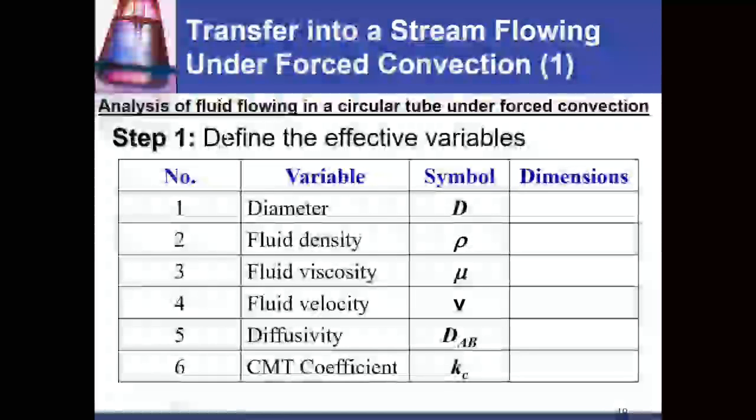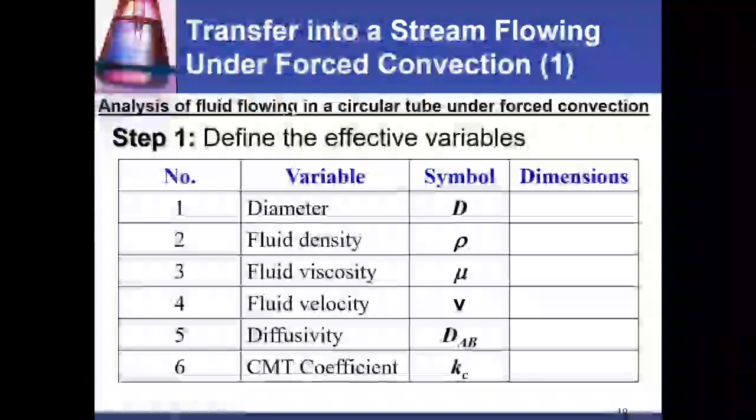For this kind of process, fluid flow in a circular tube under forced convection, we'll have the diameter of the pipe or the tube, D. We'll use the symbol D for it. Fluid density, because the fluid is flowing there, and it will contain, for example, solute.